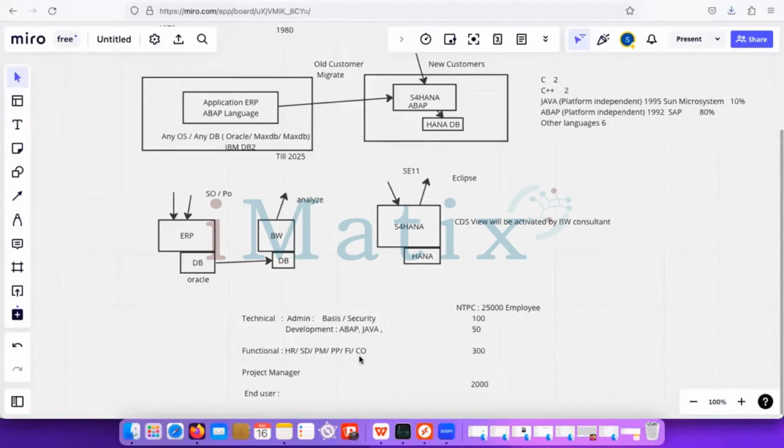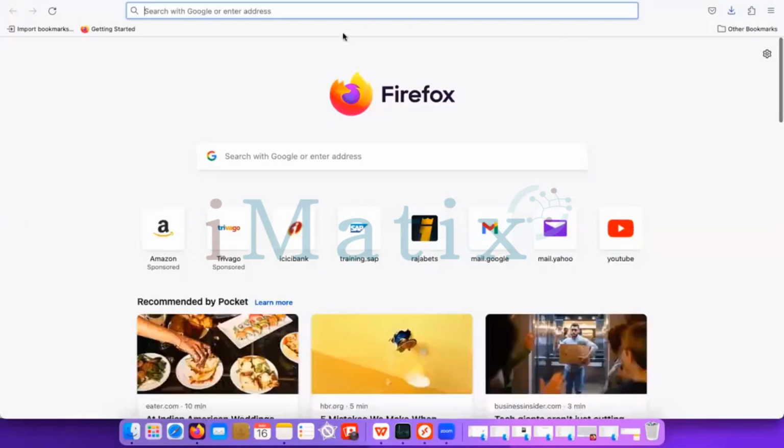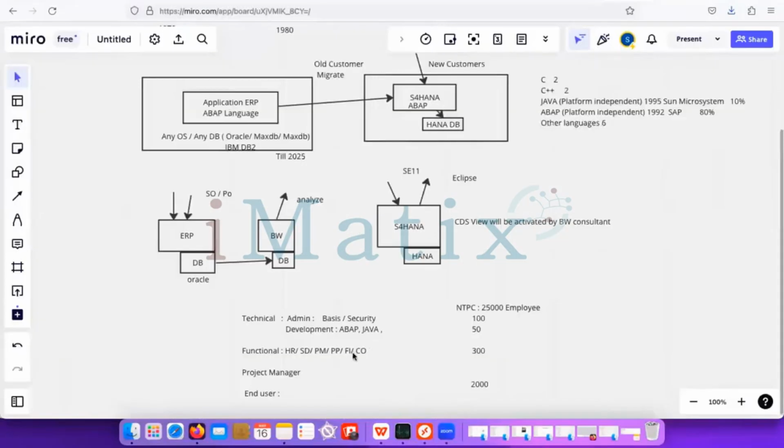Technical consultants are also in demand, but FICO consultants are more in demand, and they can go up to the vice president level.